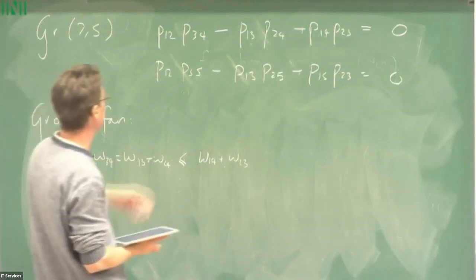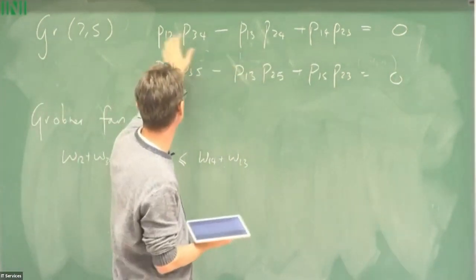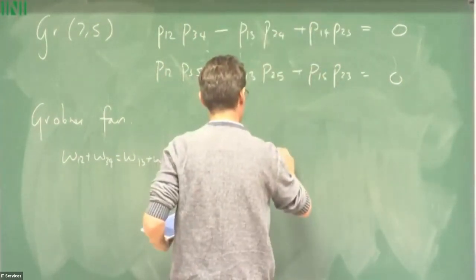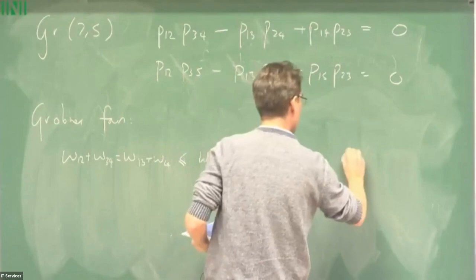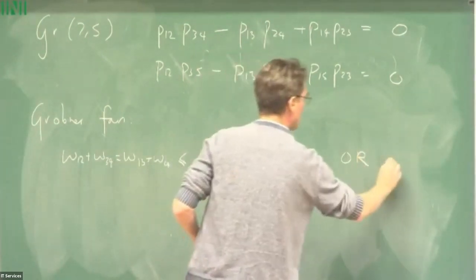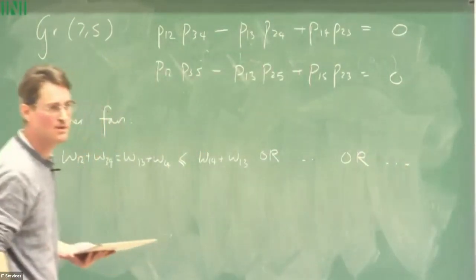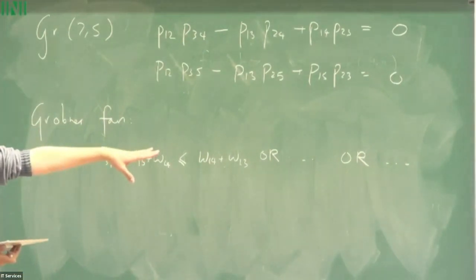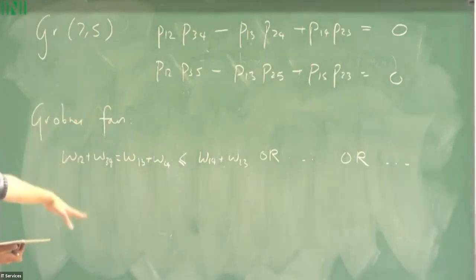But there are two other possibilities from the same equation. I could pick this term and this term, or this term and this term. Let me not write them, but there are three choices for each polynomial. And then for the next polynomial, similarly three choices, and so on for all five.